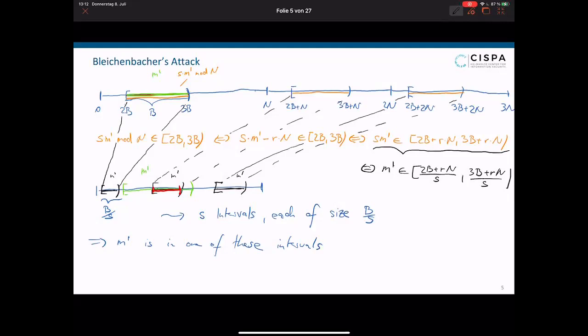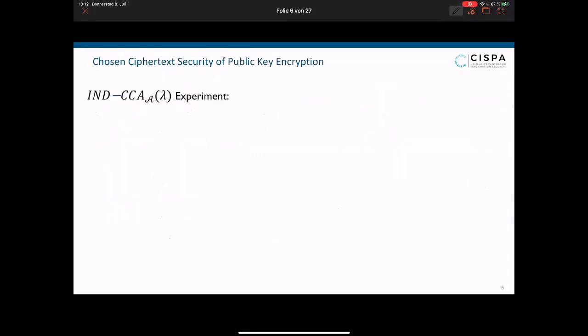Okay, which was really cleverly exploited by Bleichenbacher. All right, so now you should see why CCA security really matters.